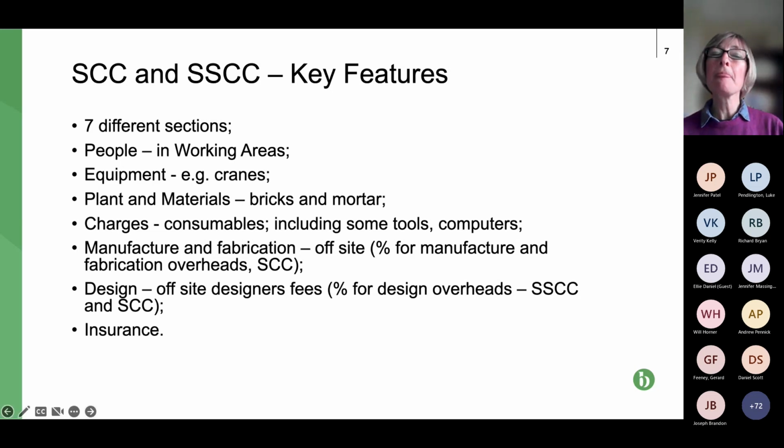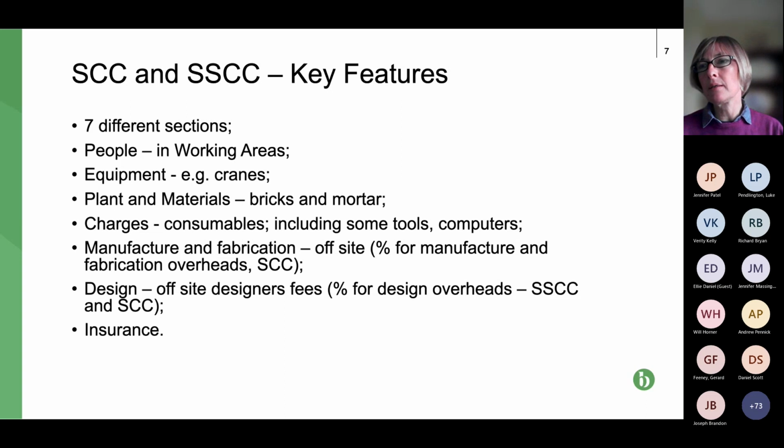The first one is people in the working areas. So that's typically the site and possibly an extended period if, say, the site cabins are in a different area. Some subcontractors will include their own head office and various other offices as working areas, and we'll see why that might be the case later, but it relates to the fact that you can claim for those people.